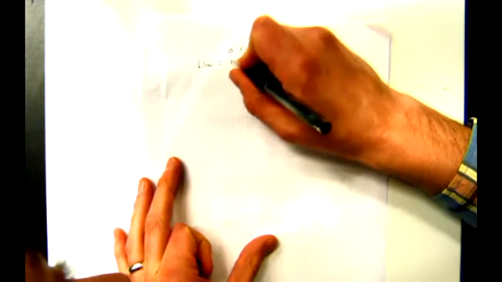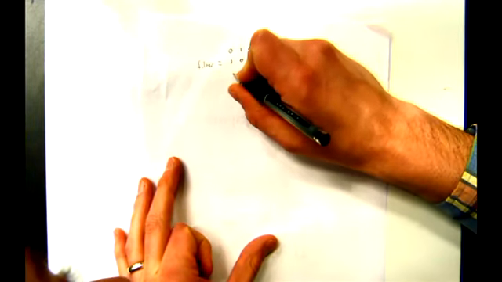So I make a filter that's 1, 1, 1, 1, and 0 everywhere else. So let's draw that: 0, 1, 0, 1, 0, 1, 0, 1, 0.